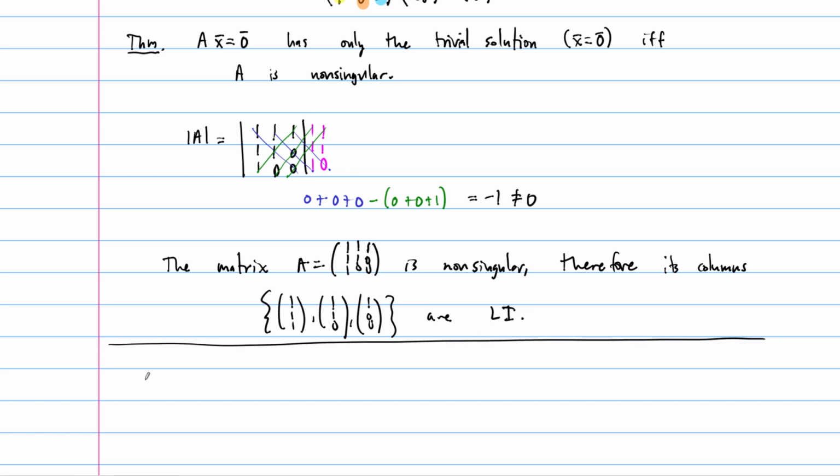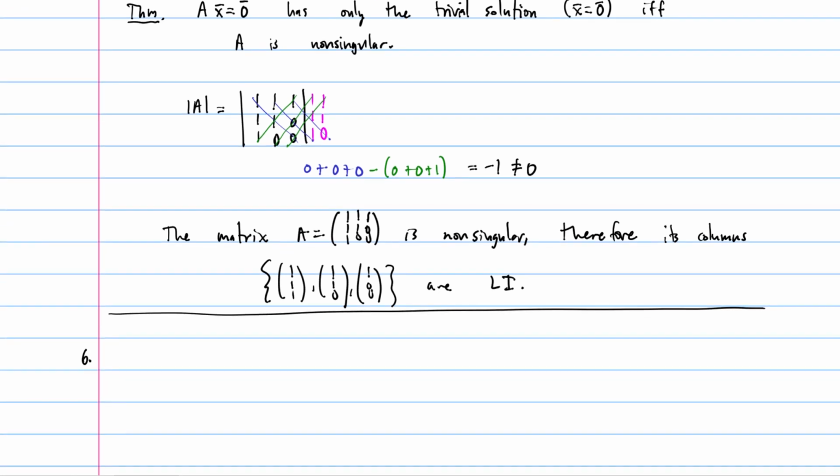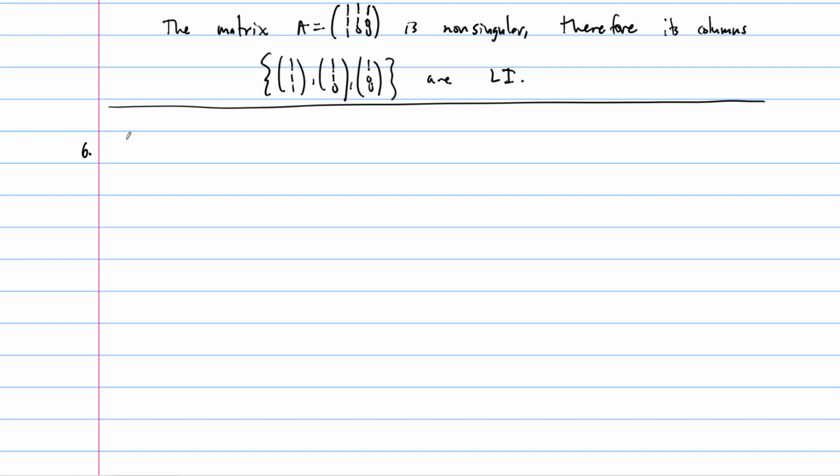All right, so for the next example, I'd like you guys to try this one on your own, just kind of repeat what we just did. So this will be, once again, a set of 3 vectors in R3, but I want you to use the determinant method to determine whether the following set of vectors is linearly independent in R3.